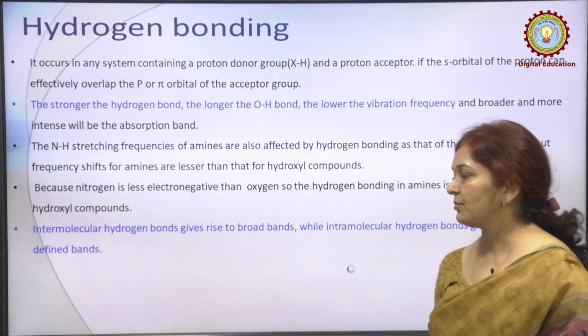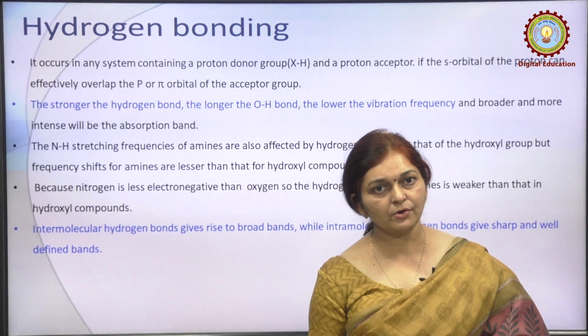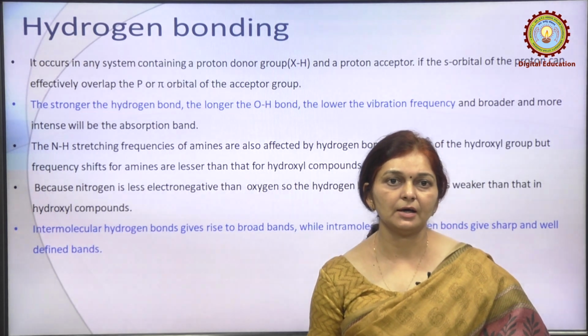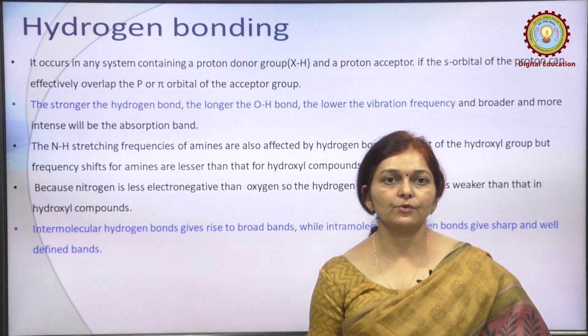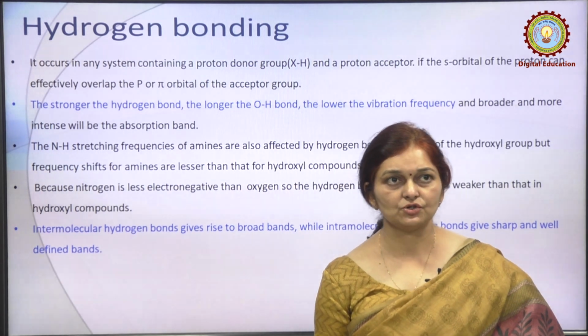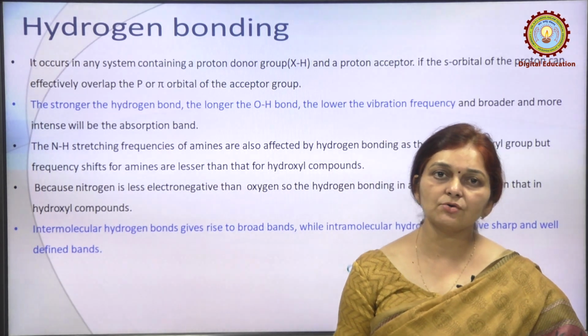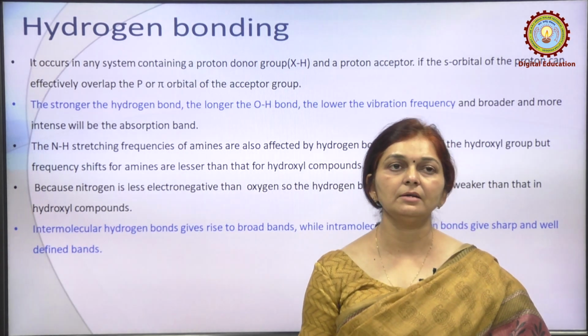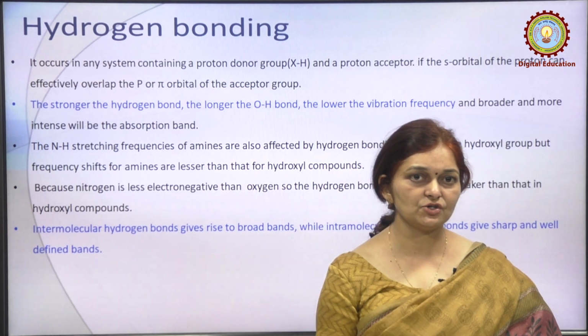hydrogen bonding. As we know, hydrogen bonding is between the electropositive hydrogen atom and electronegative fluorine, oxygen and nitrogen. Hydrogen bonding is of two types, intermolecular hydrogen bonding and intramolecular hydrogen bonding.